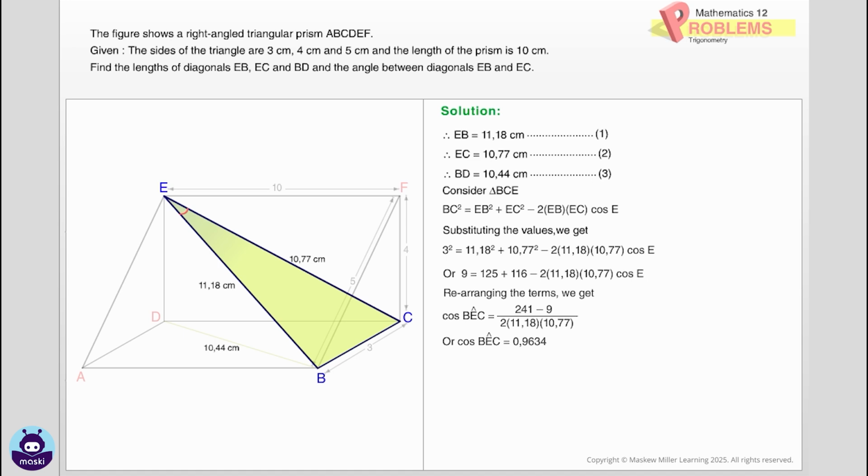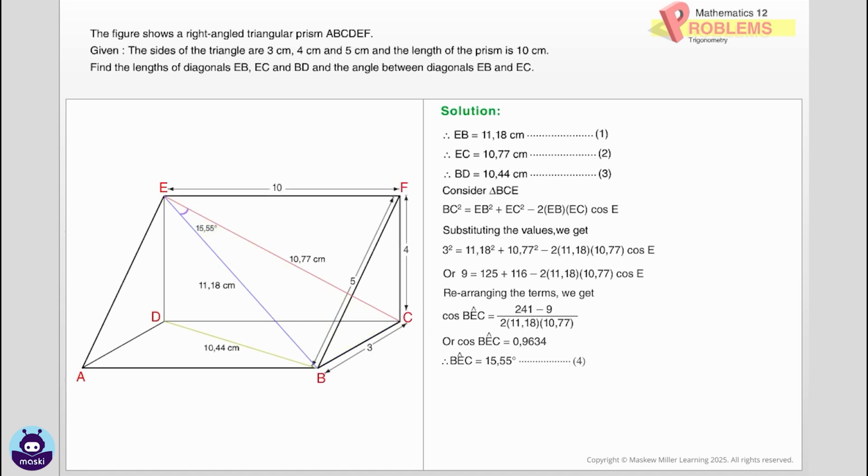Taking the inverse function of cosine, angle BEC equals 15.55 degrees. Thus, we calculated EB, EC, BD, and the angle between EB and EC.